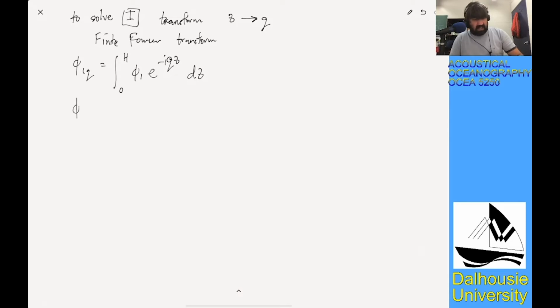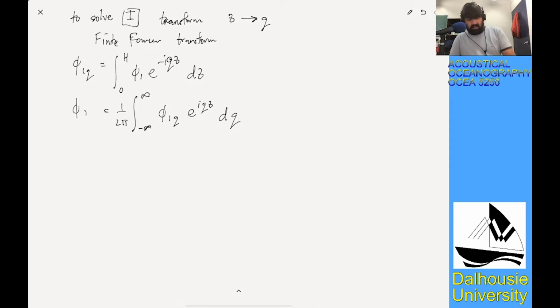And the inverse then will be given by 1 over 2 pi, from negative infinity to infinity, the transform function, dq. Okay?